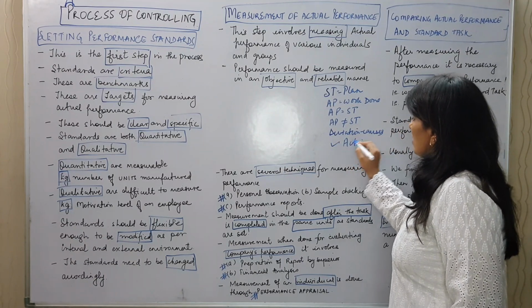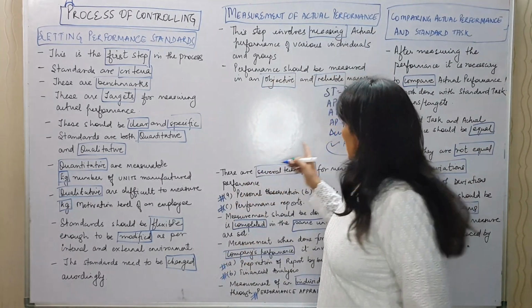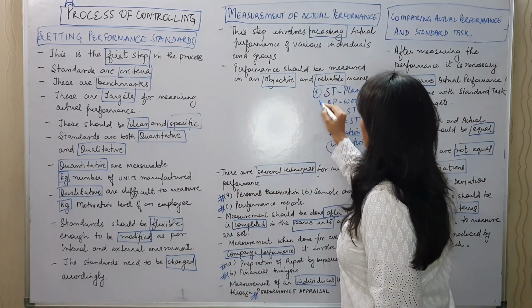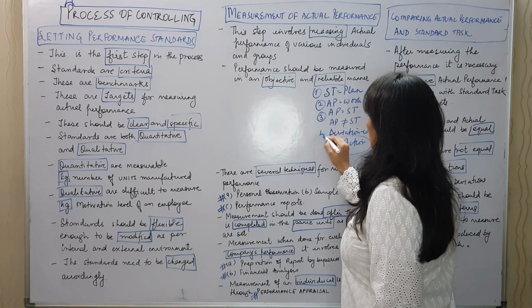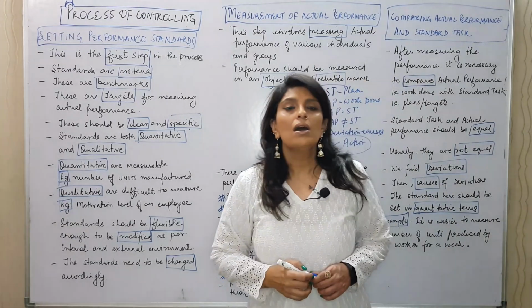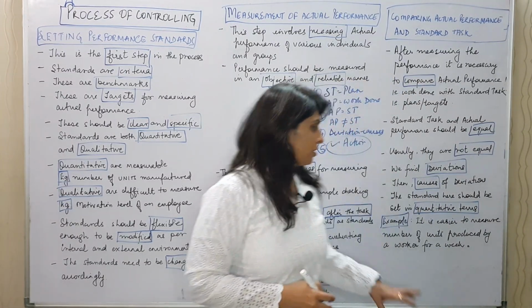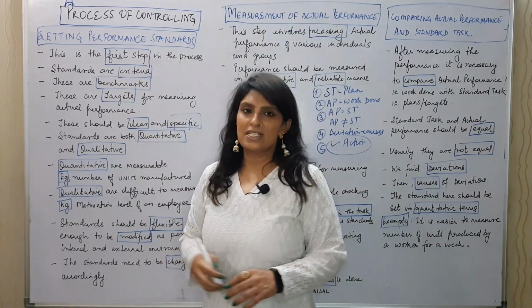The moment we are taking right action, we are controlling. Same thing, this is the first step, this is the second step, when we compare and then analyze deviation, and then the last step, taking corrective action or the right action. Right now we are going to start with setting performance standards.